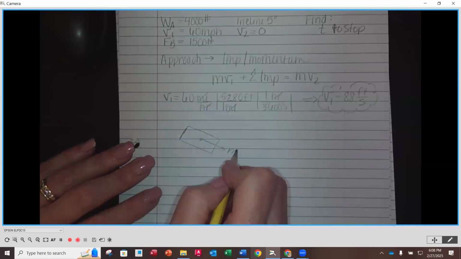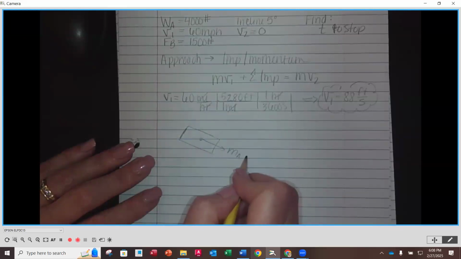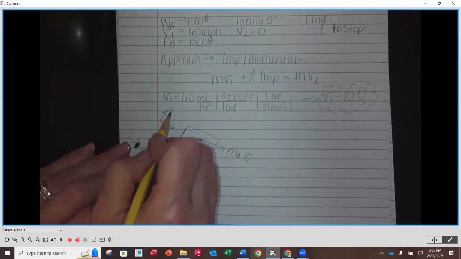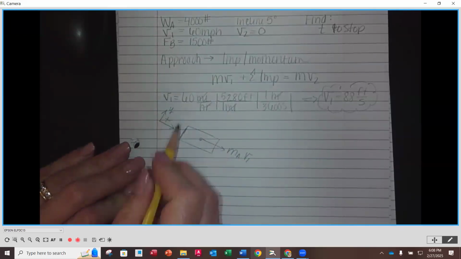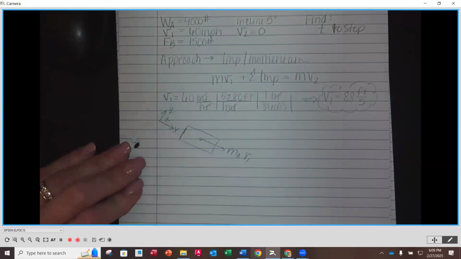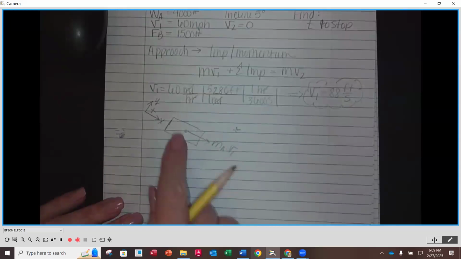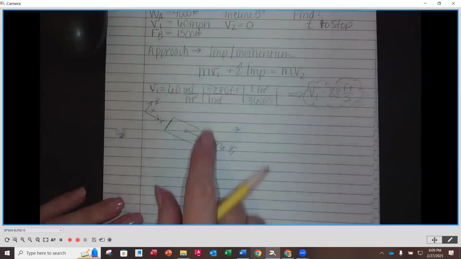And this is going to be the mass A times velocity 1. And what I'm doing is I'm setting my coordinate system. So this is going to be my Y, this is going to be my X, and that's going to be like the positive direction. And you'll see why in just a minute. So this is going to be like the X axis, if you would. Then I'm going to say plus. Now, this takes care of the mass times velocity 1.